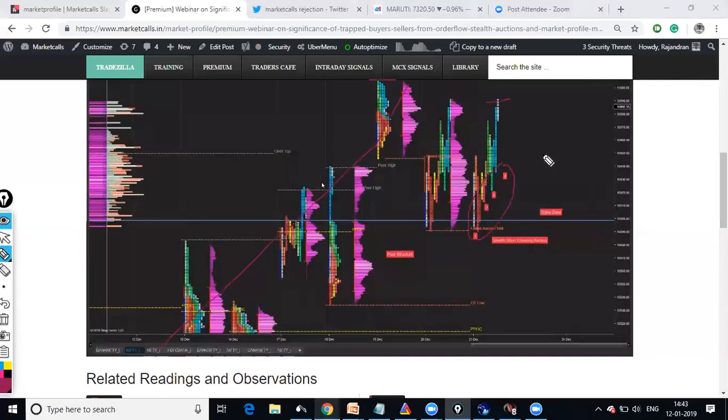It's a stealth auction, one of the signs that the inventory is getting too long. That is why we discussed that this could be a potential market top. Combining, there is a G2 high and also a stealth auction on the higher side. Both are indicating that the inventory is getting too long.